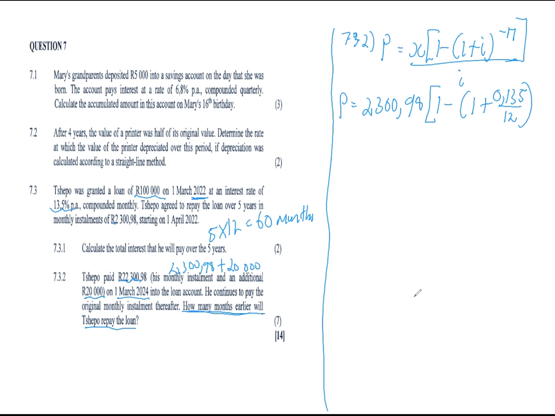Then if we are calculating the outstanding balance, let me indicate this as OB, the outstanding balance. Remember, if I'm calculating the outstanding balance, I have to consider the outstanding number of months. So for 2 years, that's 24 months. 24 months have already been paid for, right? And then the outstanding are these ones.